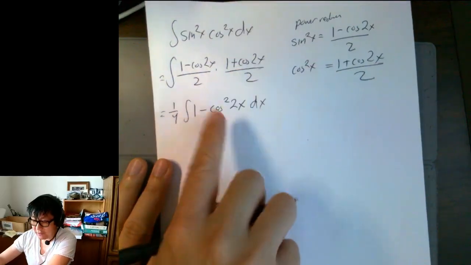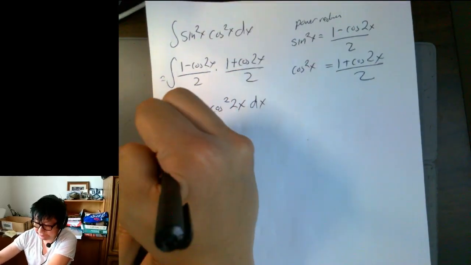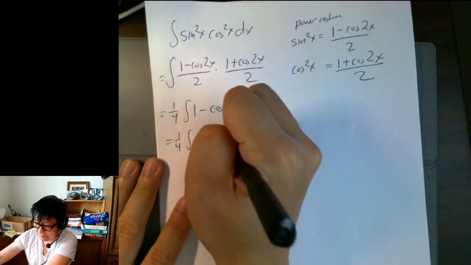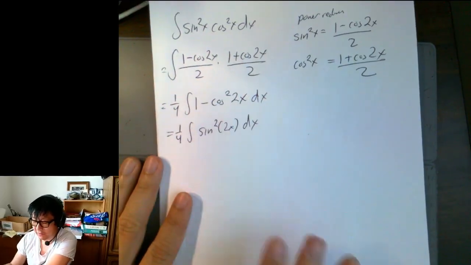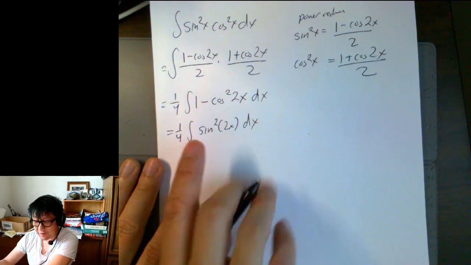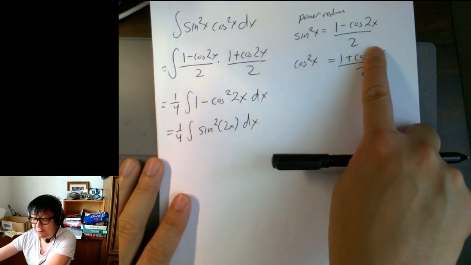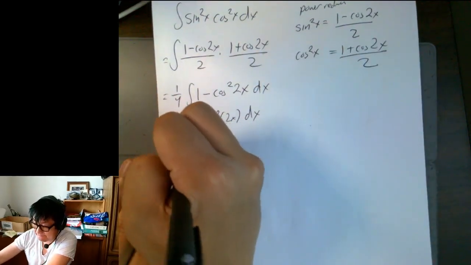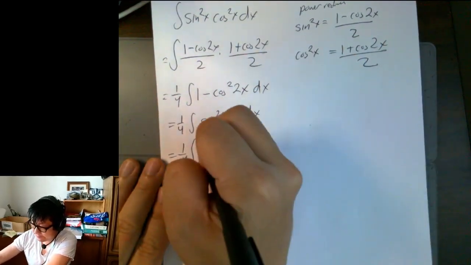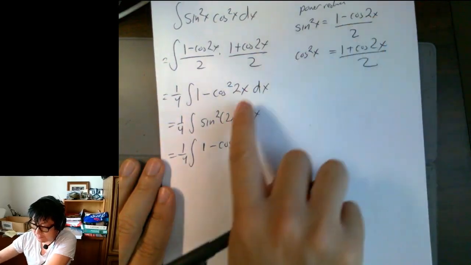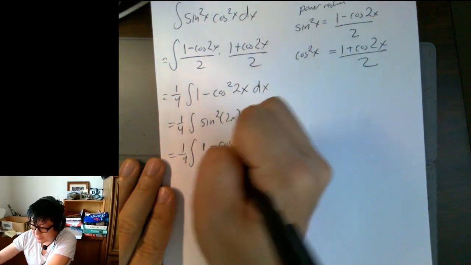Now if you want, you can convert this to a sine squared. It doesn't really get you a ton, but it saves a little bit of algebra. And then, because we've got a trig function squared, or a sine squared, we again apply the power reduction formula. So 2 times our original angle, so that's 4x.